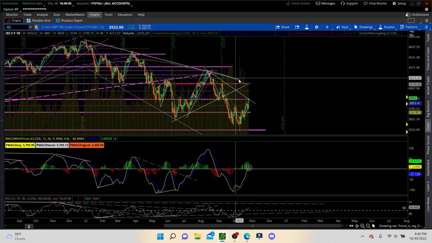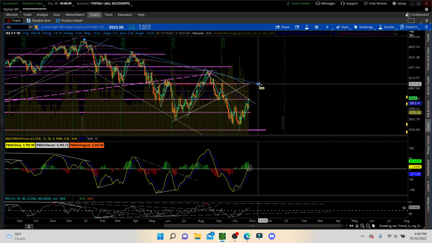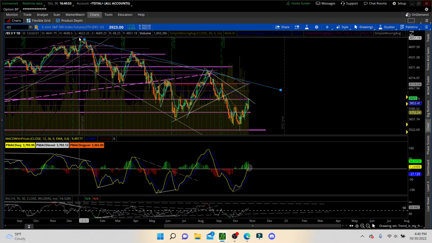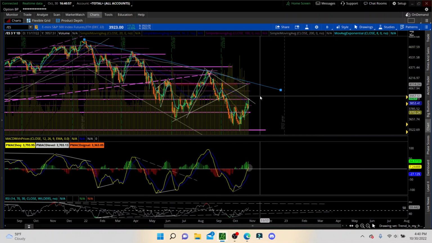And I wouldn't believe it until we actually broke out from this downtrend line from the beginning of this correction. So until we broke out from there, I wouldn't believe that would be happening.